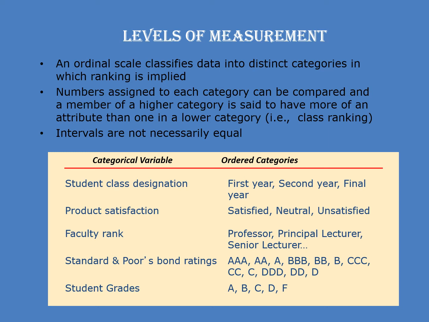For example, a categorical variable is what starts off the participant who's completing the questionnaire, to then have that linked with a particular ordered category.